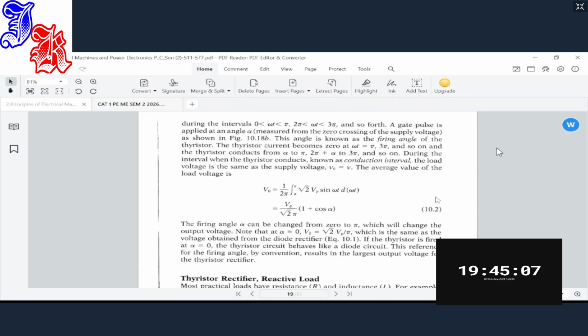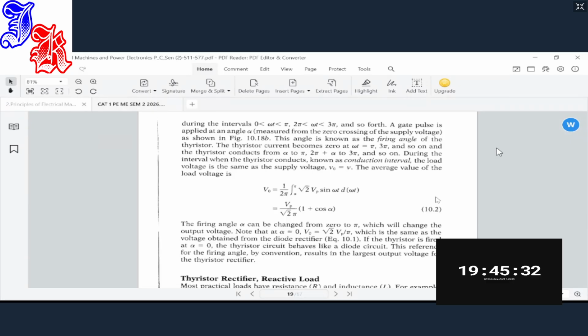So mostly you can be given a situation of maybe two thyristors, or a single thyristor. You draw the circuit waveforms, derive the equation, and then you are given values to substitute. Maybe you find the voltage and also the current. For this instance, we have alpha as 60.